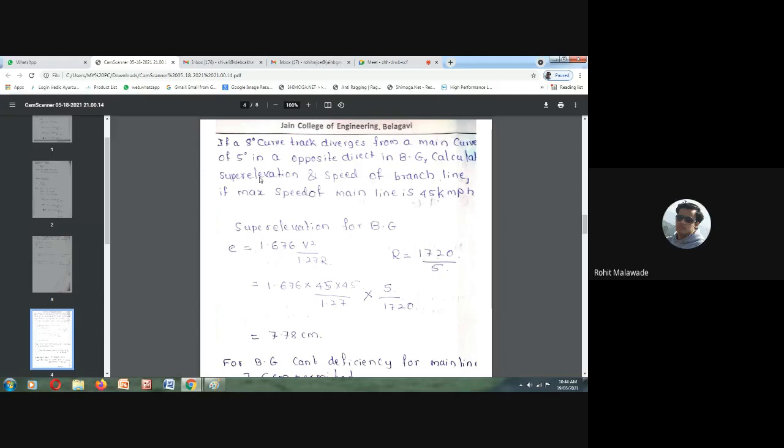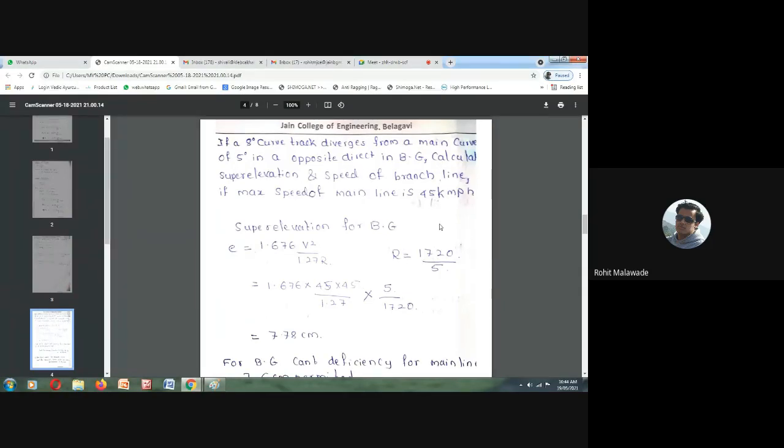So main line degree will be 5 degree, and branch line degree will be 8 degree. Calculate the super elevation and the speed of the branch line. What they have asked you is to calculate the super elevation and the speed of the branch line.